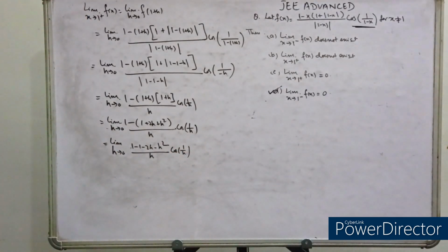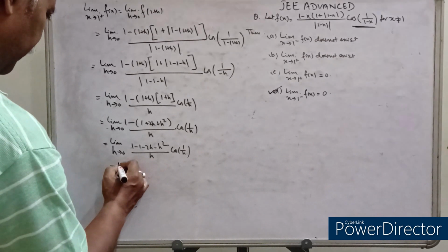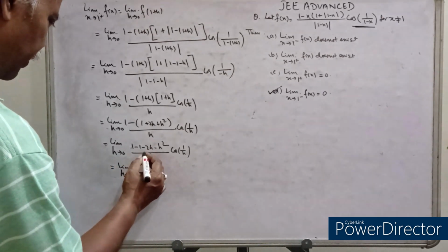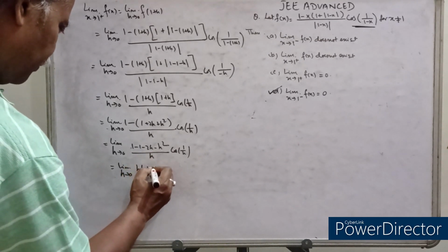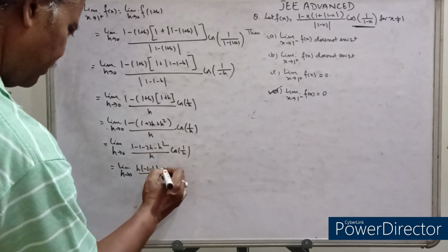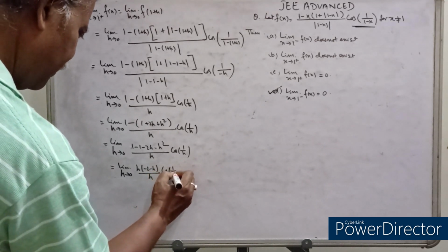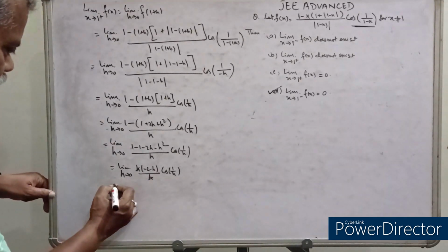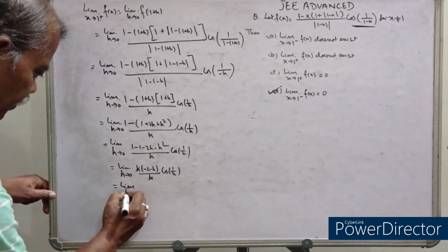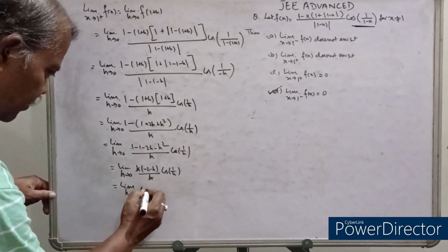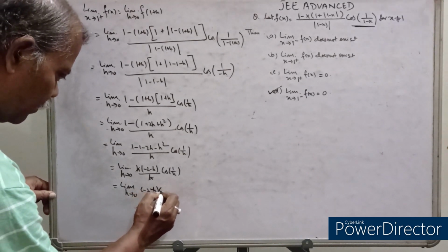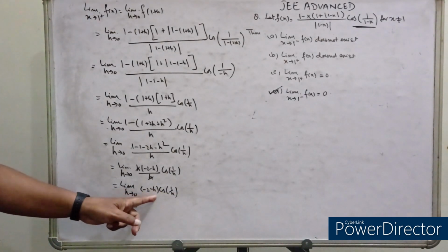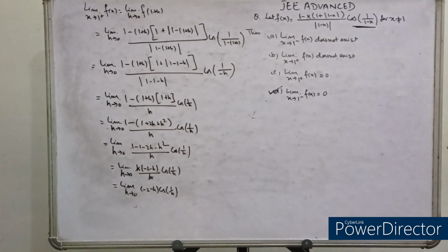So this 1 cancels out. So this will be limit h tends to 0, h common, minus 2 minus h, by h, cos 1 by h. So this h cancels out. So your result is limit h tends to 0 of (minus 2 minus h) cos 1 by h. So here if this h becomes 0, it is minus 2 cos 1 by h.